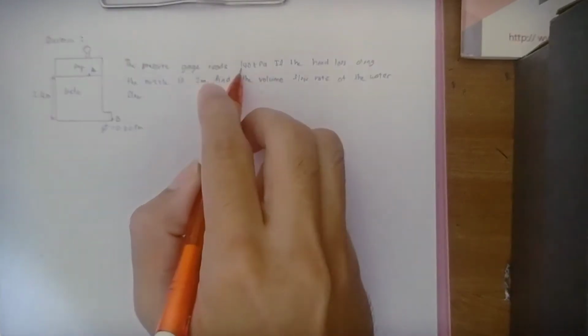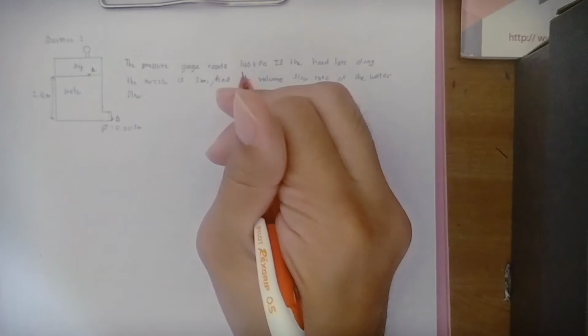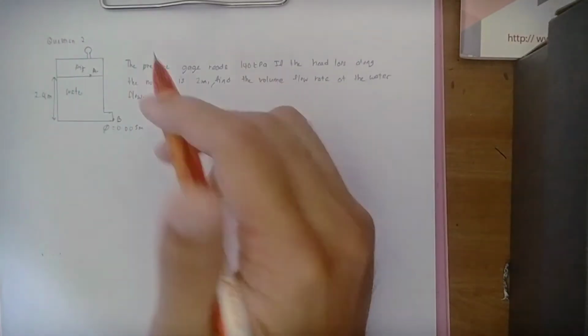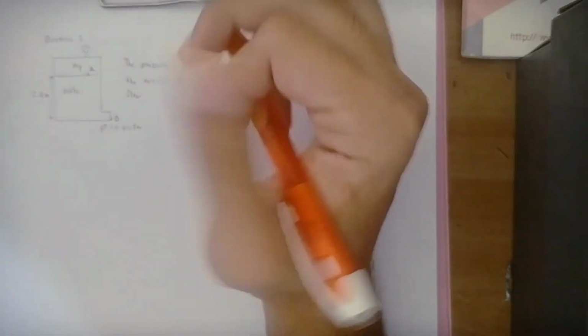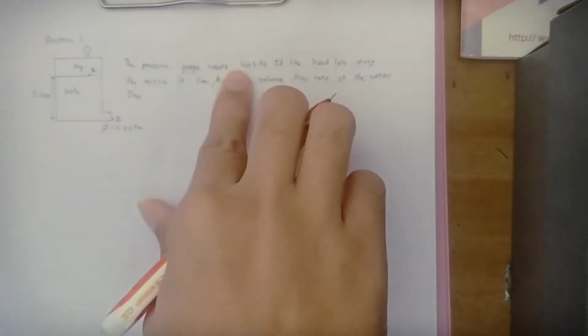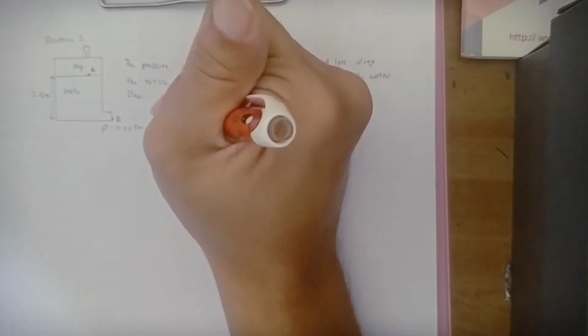Pressure gauge reads 140. This is the pressure for point A. Since point A is in a closed space, it has a pressure of 140 kilopascal.